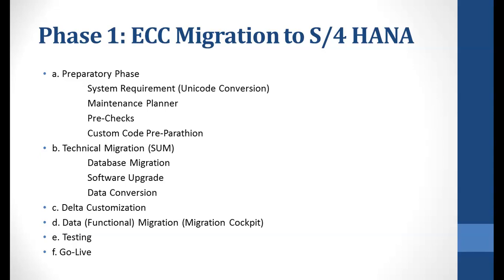The technical migration is SUM, database migration, software upgrade and data conversion. Then delta customization, the functional data migration cockpit, and the testing and go live phase. So these are the phases that we have in the SAP ECC migration to S4HANA.